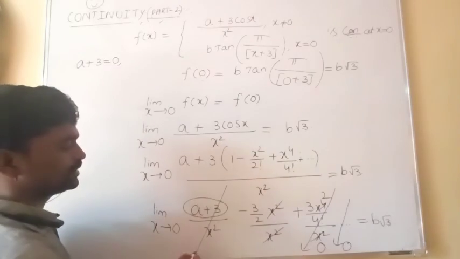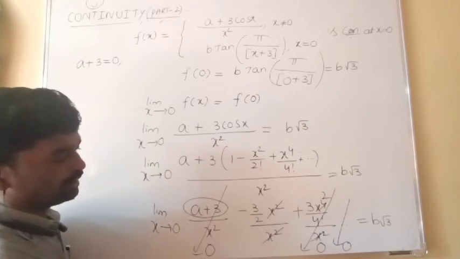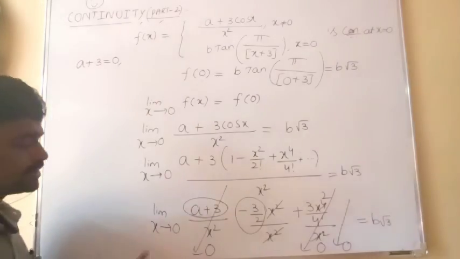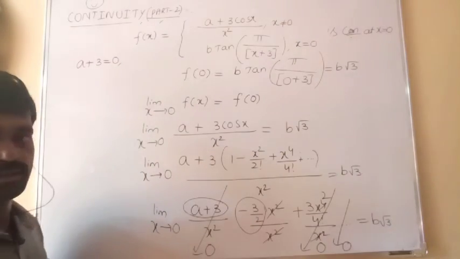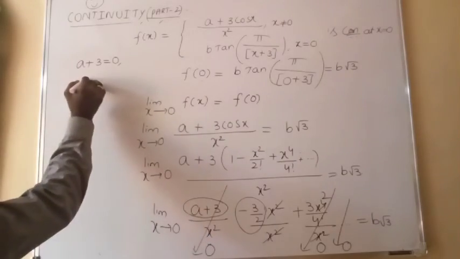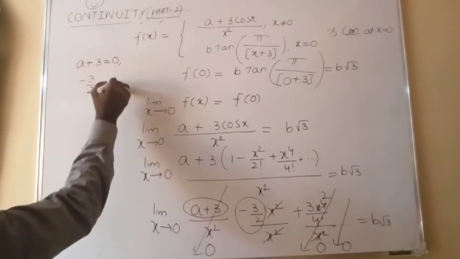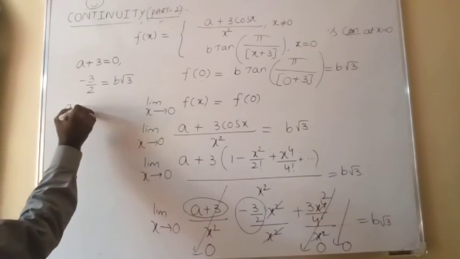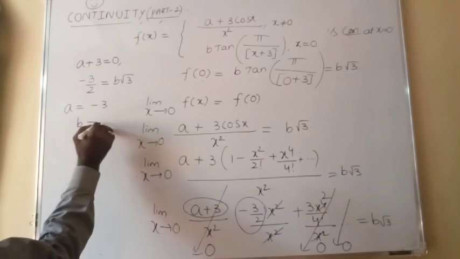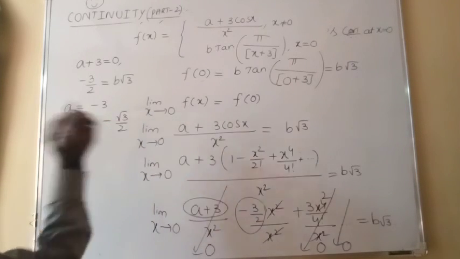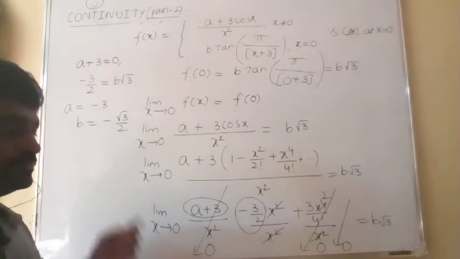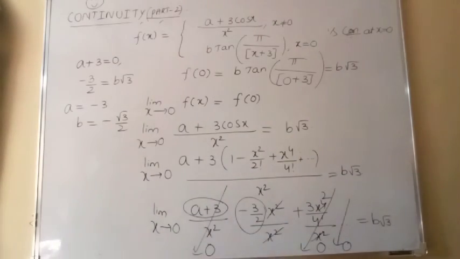And if a plus 3 is 0, then this term is also 0, and what is left is minus 3 by 2. So the limit of the function is minus 3 by 2, which is equal to b root 3. Thus you got a value minus 3 and b value minus root 3 by 2. Thank you.